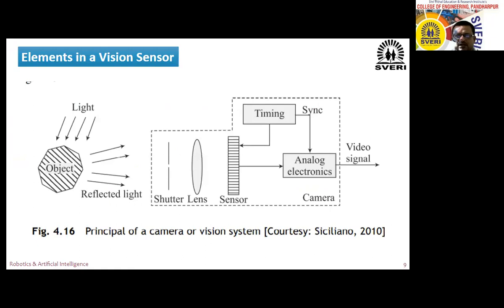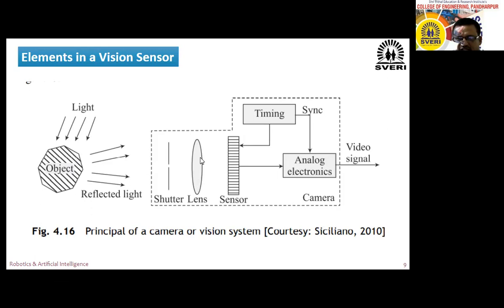Now, next is elements in a vision sensor. Here different elements are there. First is the object. On that object the light will fall, and then the light gets reflected from that object. Then the shutter is there. Then that light passes through a small aperture, and then it passes through the lens.